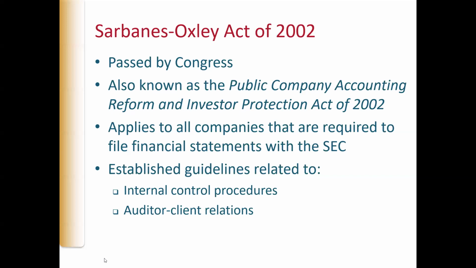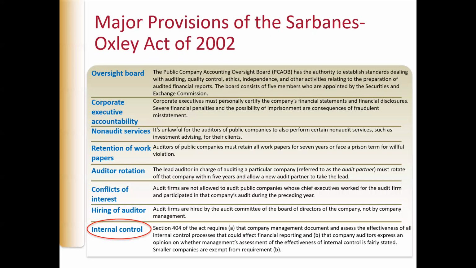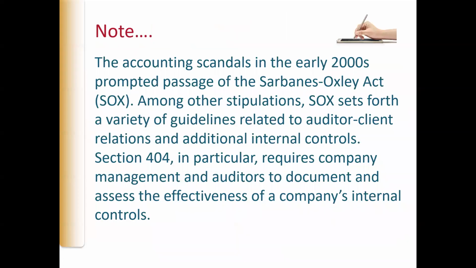This Sarbanes-Oxley Act basically created guidelines for internal controls and guidelines regarding the auditor and client relationships, what they could and couldn't do. So internal controls was a new piece where each year the company needed to report on the internal controls of the company.